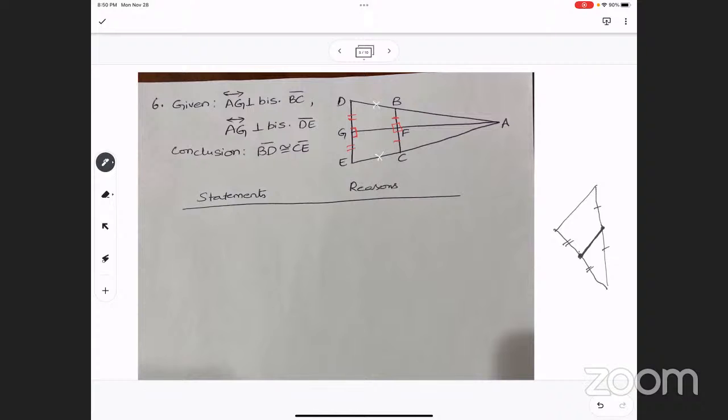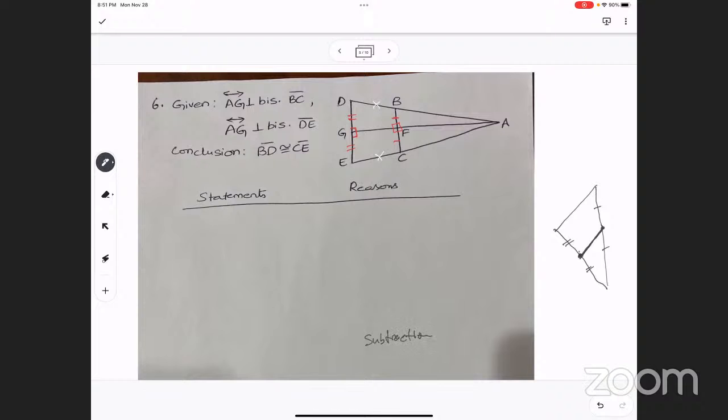What's another thing we can do to prove that those two white segments are congruent to each other? What's a plan of attack? If we could prove that EA is congruent to DA, and that AB is congruent to AC, then we could eventually prove that DB is congruent to EC. Exactly. We're going to use the subtraction property at the very end.